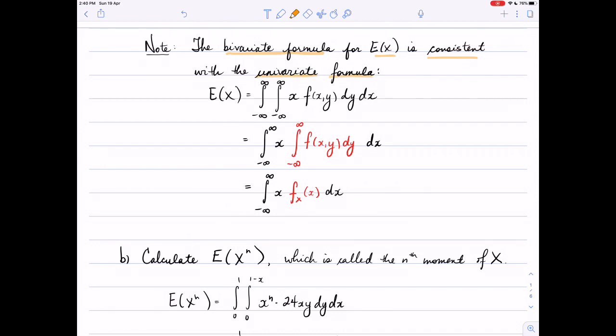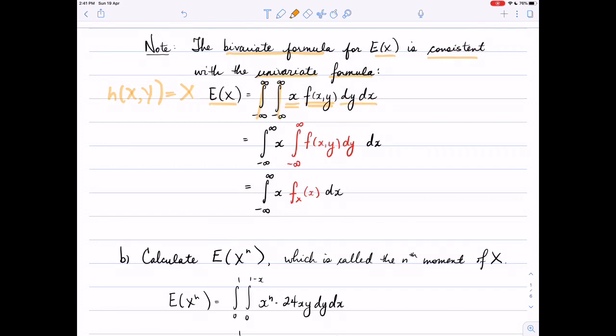So let's have a quick look at why that is. For E of X, remember, we're taking this function h of x,y as just being equal to x. So the expected value of X is the double integral over the entire support of x times the joint density function, dy dx.